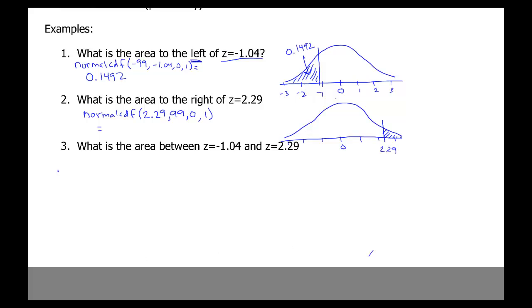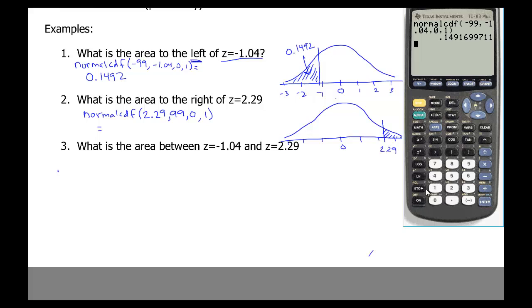So distribution menu, number 2. We have 2.29 out to as far as possible, 99. 0 is our mean, 1 is our standard deviation, and there's our area, 0.0110.